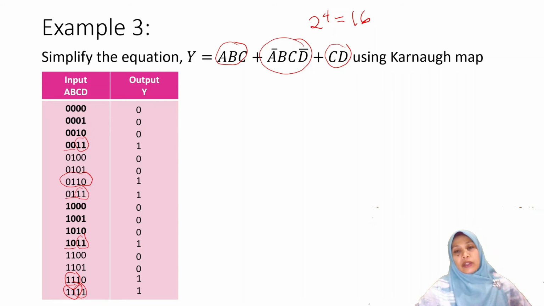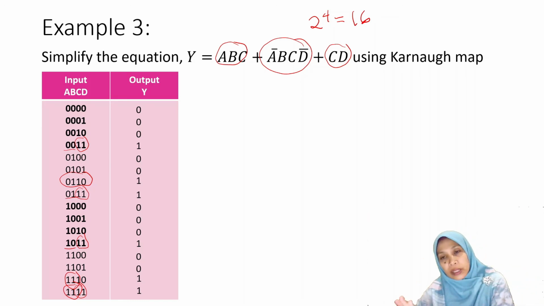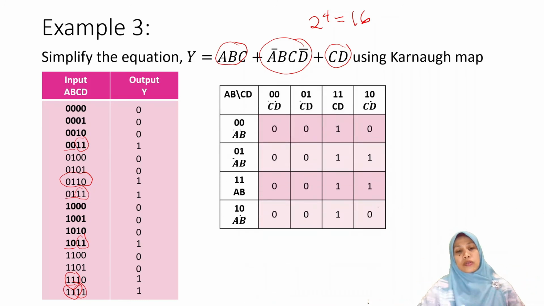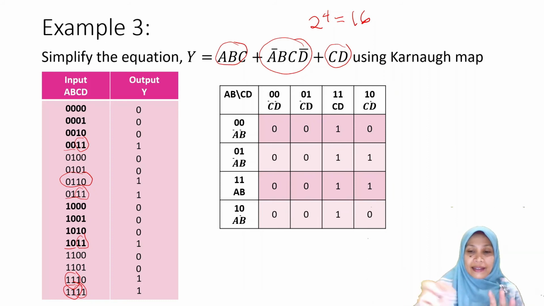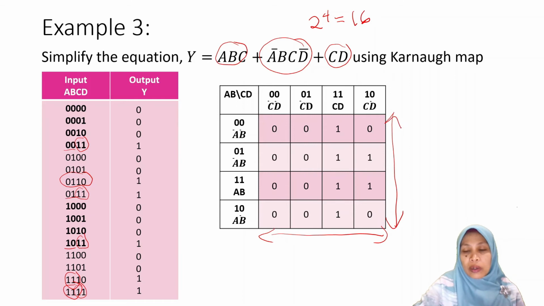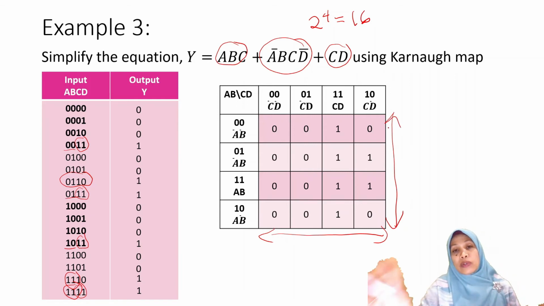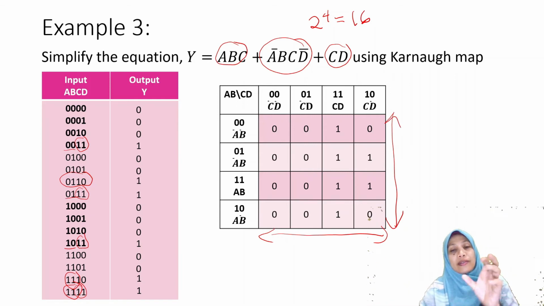Okay, after you write down the truth table, you have to map the truth table into the K map. Alright, so we have 4 inputs with 16 possible inputs, so we need 16 cells. 16 cells meaning that we have 4 rows times 4 columns, equal to 16 cells. Each cell represents each input in the truth table.